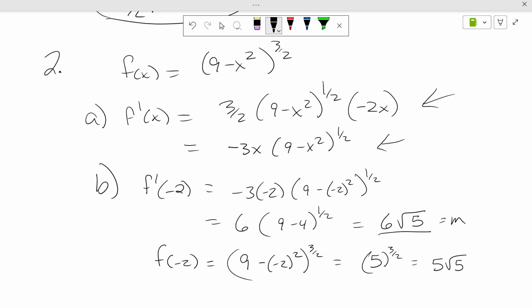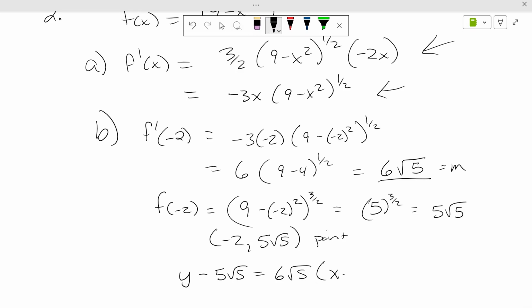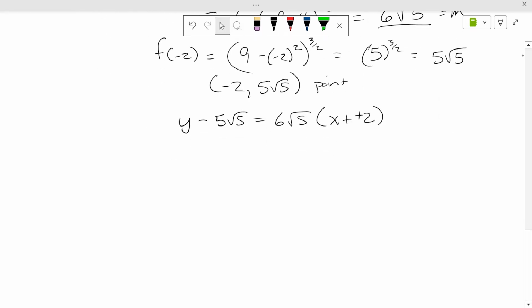So your point is negative 2, 5 square root of 5, using exact answers. So then you're going to put it in point slope form. Y minus y1 equals your slope times x minus x1. Okay, and then just solve.